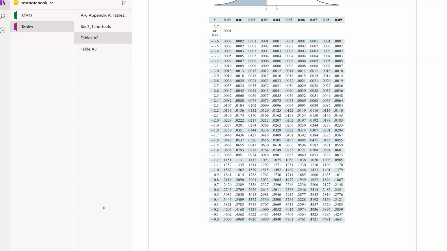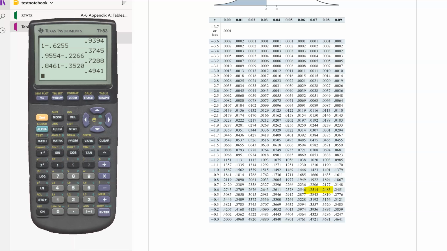Here's 2500. It looks like it's right in between here. So I have to figure out which one's closer. 83. So if I want to do this with a calculator, it's going to be 0.2500. That's the one I want.